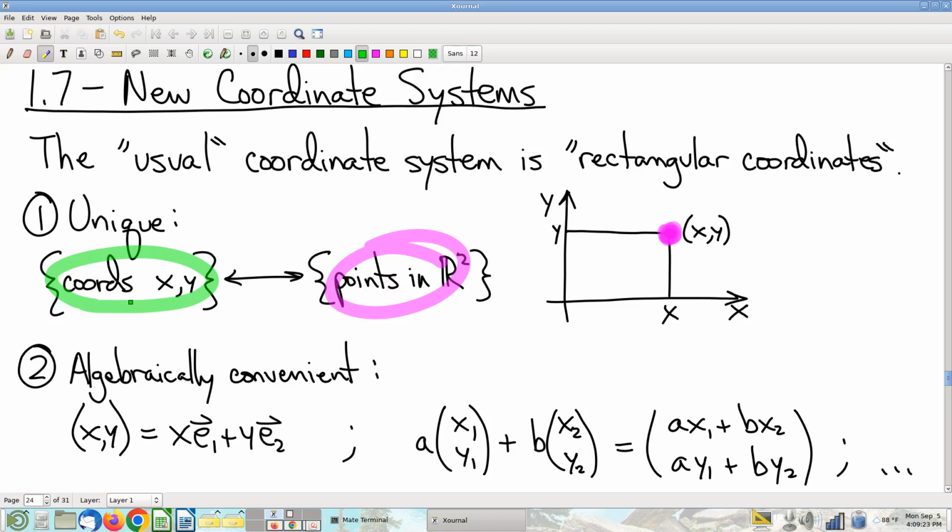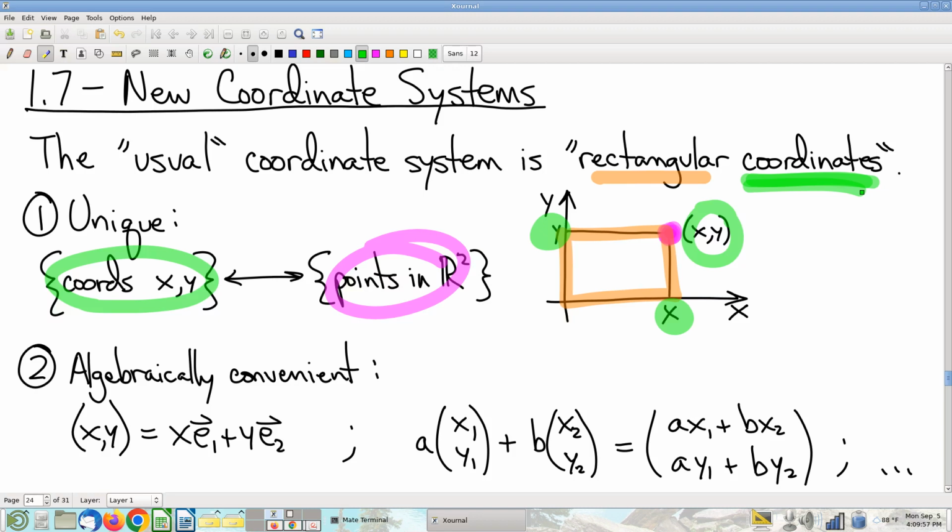And so, how does the rectangular coordinate system work? Well, whatever your point is, let's draw the corresponding rectangle like this, and by virtue of where those corners land, that gives you an X and a Y, and those are your rectangular coordinates. So, this is just an example of a coordinate system, but notice, given a point, we have a pair of numbers that allows us to identify where that point is.